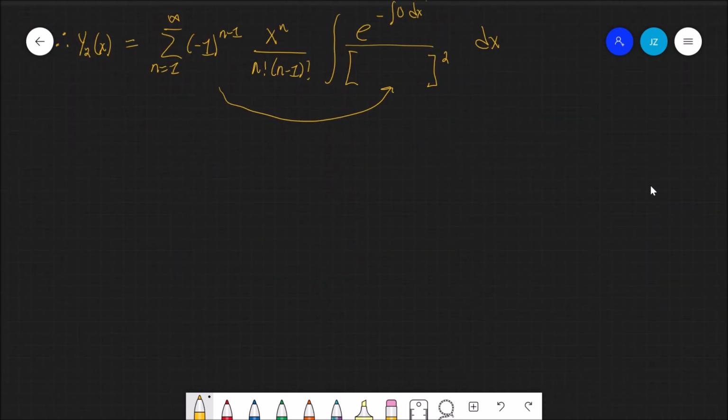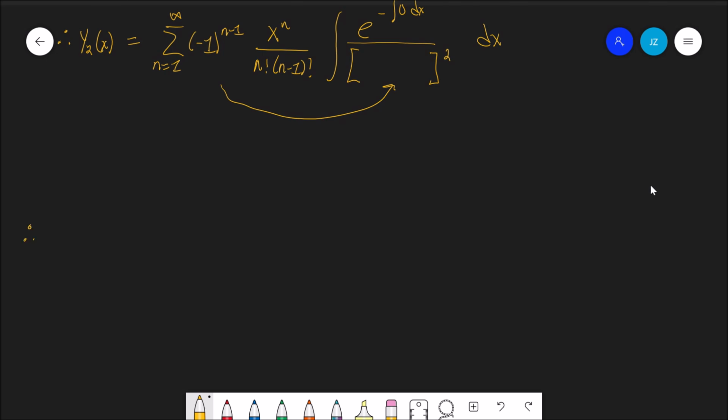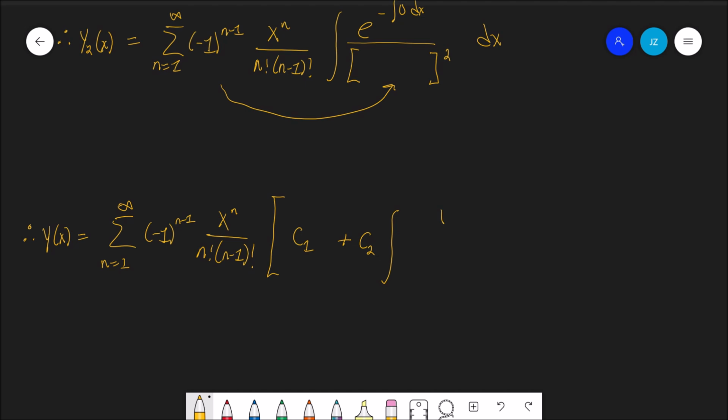So we can write our general solution. Factor out the y1, so n equals 1 to infinity, negative 1 to the n minus 1, x to the n over n factorial times n minus 1 factorial times c1 plus c2 times the integral of dx over this summation squared.